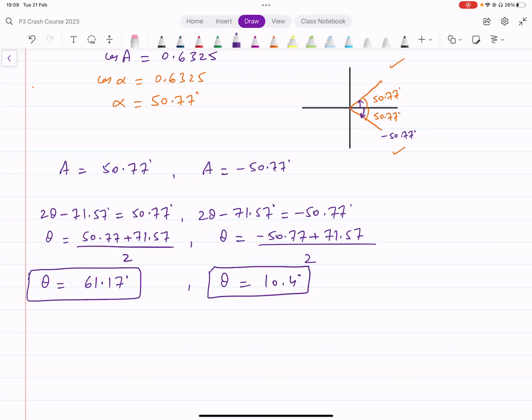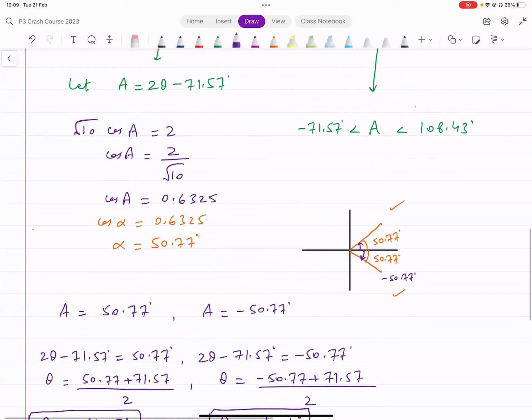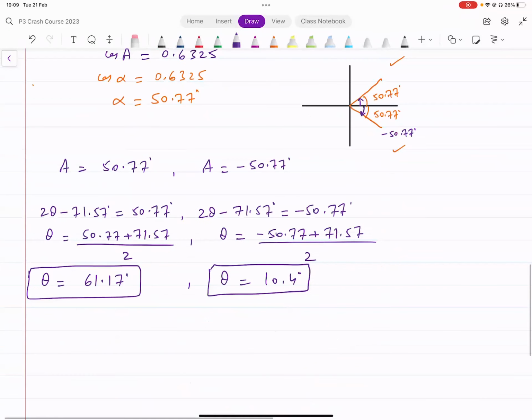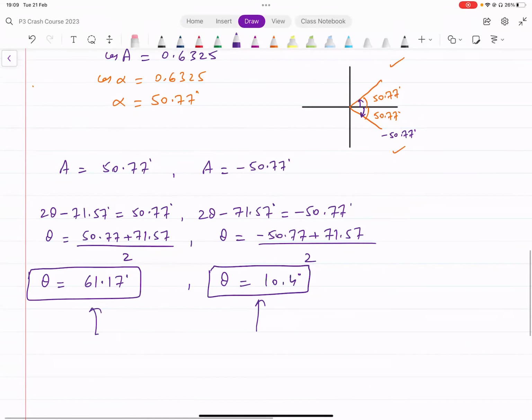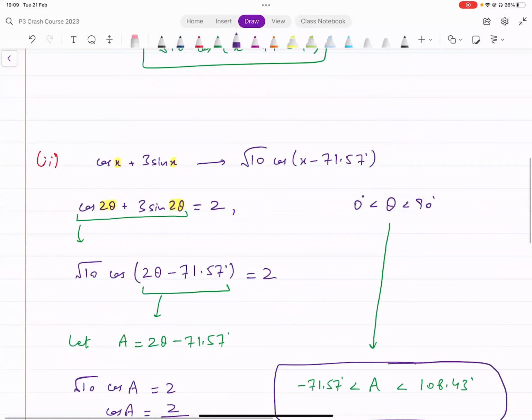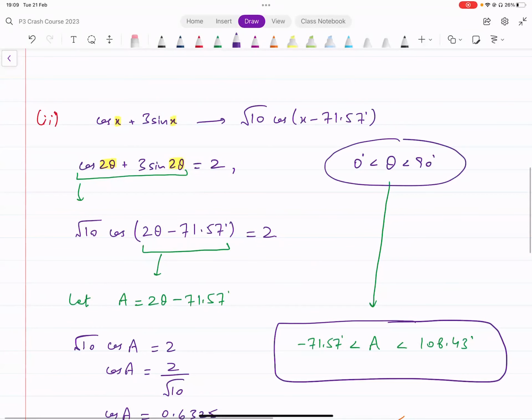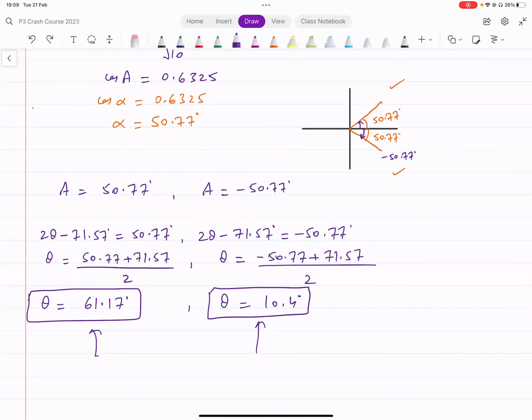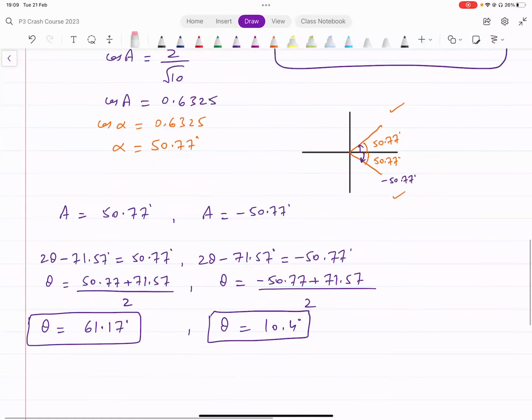And notice here, if you adjust this interval correctly, the final answers that you get are automatically going to turn out to be in the interval that they've given in the question for theta, which was between 0 and 90. You automatically get values between 0 and 90 from this. All right, so you won't have to do anything extra for that. You would already get the answers in the interval that's given.